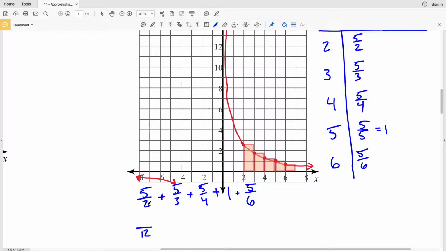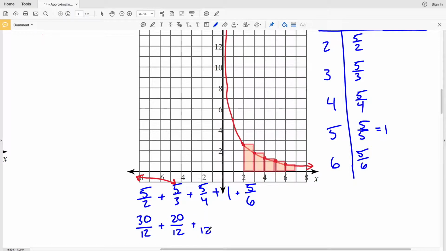So writing 5 halves in terms of 12, in order to go from 2 to 12, we multiply by 6, so 5 times 6 is 30. In order to go from 5 thirds to 12, we multiplied the 3 by 4, so 5 times 4 is 20. So 30 twelfths equals 5 halves, 20 twelfths equals 5 thirds.